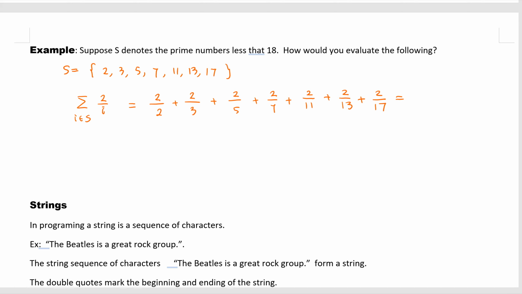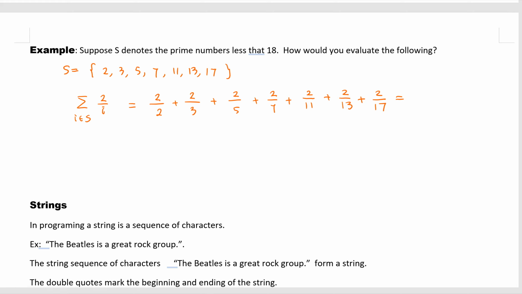For this problem, you can use your calculator for sure. I want you to calculate by hand. So for this problem, let's use our calculator. So 2 over 2 is 1. 1 plus 2/3 plus 2/5 plus 2/7 plus 2/11 plus 2/13 plus 2/17.